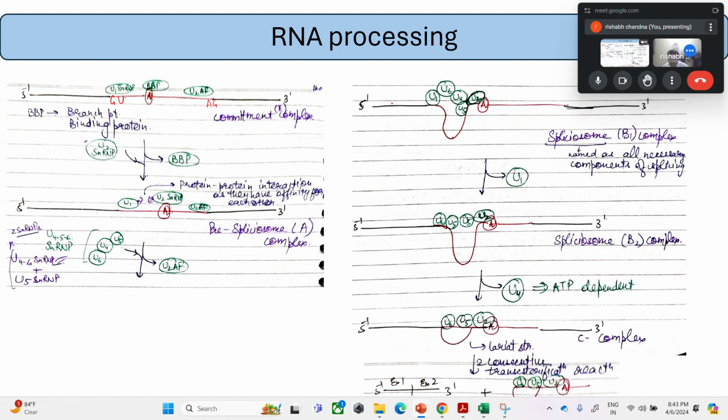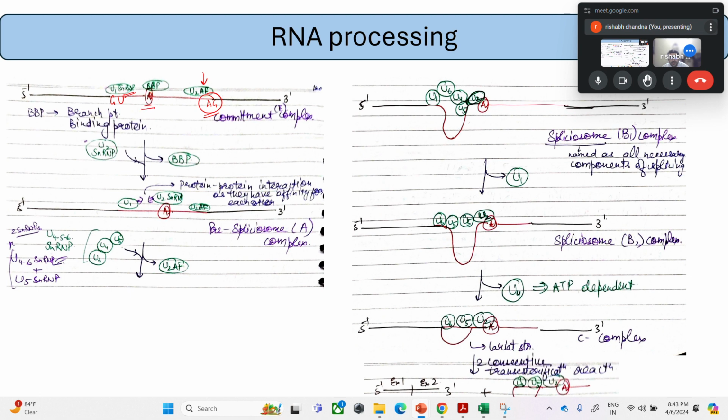Yes. So the 5 prime splice site is recognized by the U1 snRNP. The 3 prime splice site is recognized by U2AF, that is the accessory factor. So U2AF recognizes the 3 prime splice site.